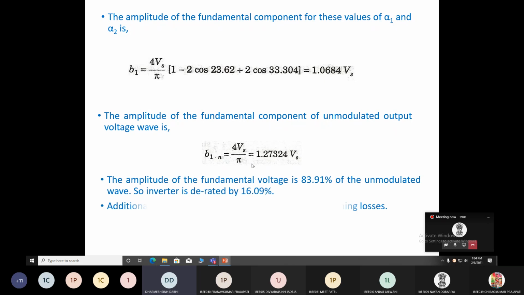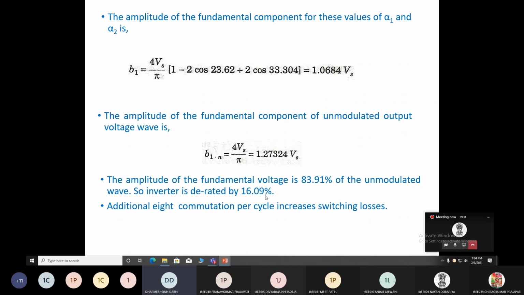Or you can say that your inverter is not operated at full capacity. If we calculate percentage-wise, suppose this is 100% voltage in the square wave, then this voltage is only 83.91% of it. It means your inverter is derated by 16.09%.